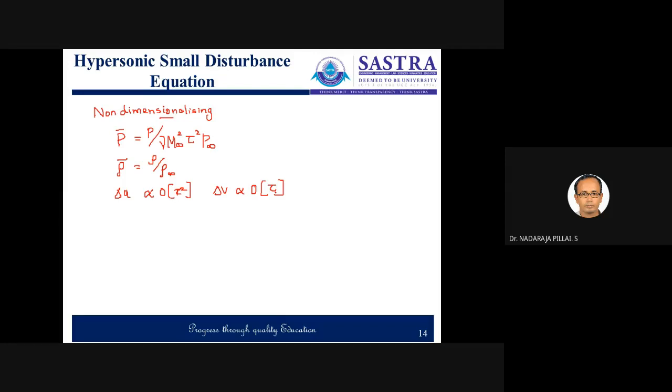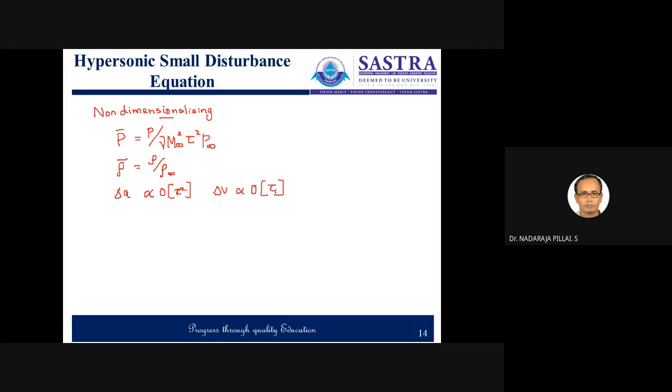Hence major changes in the properties in the hypersonic shock layer over slender bodies take place across the shock rather than along the shock, as we discussed.